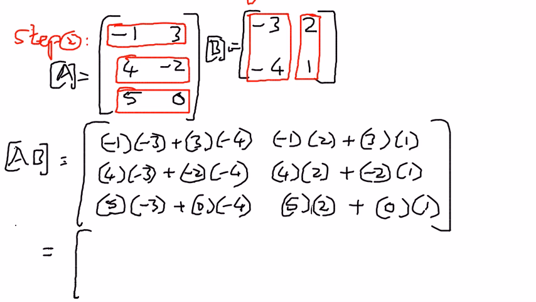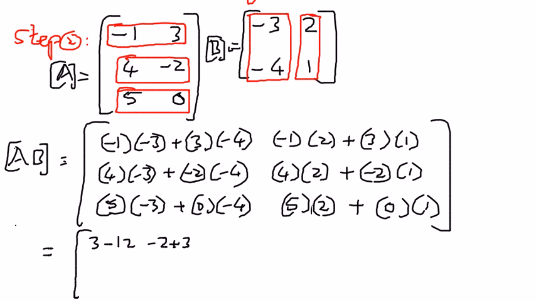-1 times -3 is +3, plus 3 times -4 is -12, right? And then in here we have -1 times 2 is -2, and then 3 times 1 is 3.